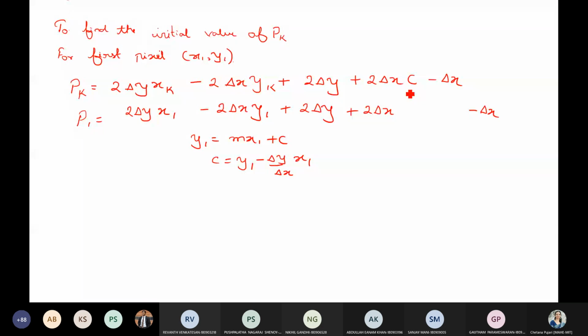Just rewrite it in this way. So my c will be y1 minus delta y by delta x into x1. This delta x I'm going to cancel over here. That's why we can just directly write it here in this way.